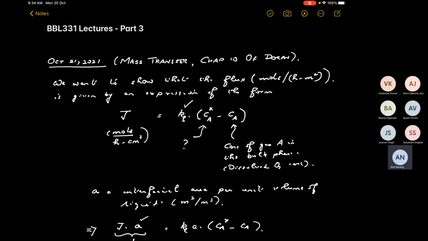I think in the last lecture, we finally concluded by deriving an expression for the rate at which gas moves from the gas phase to the liquid phase.